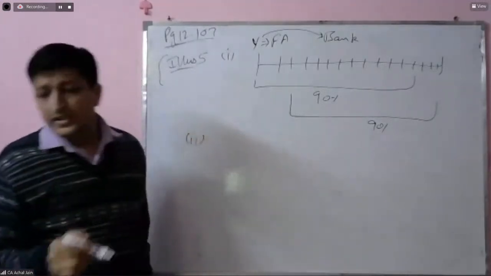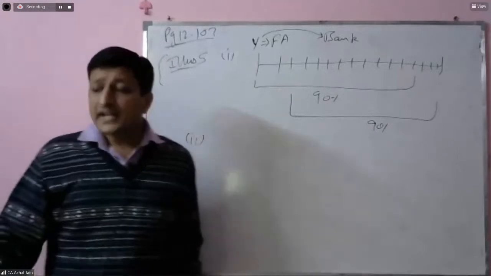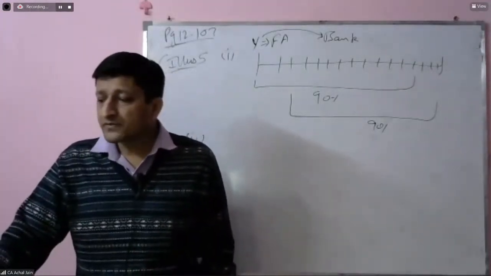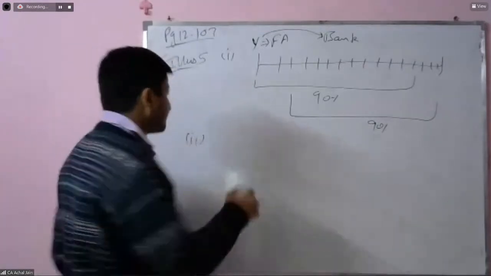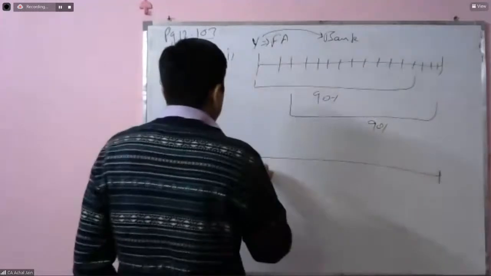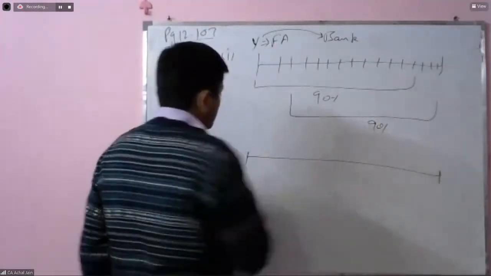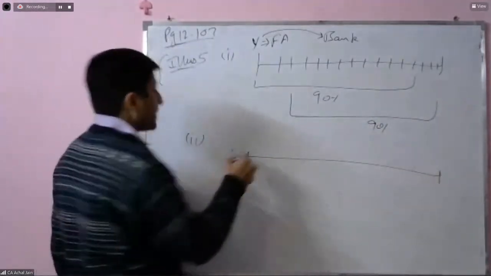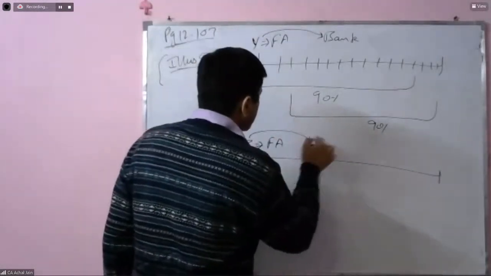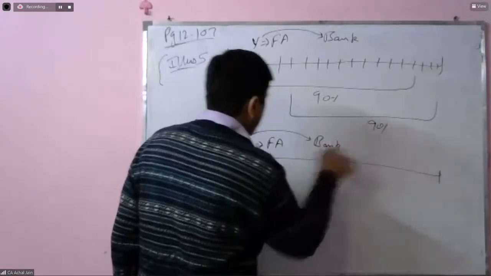What should we do in this case? Entity Z transfers the rights to 90% of the cash flows from the group of receivables. Once again, we have a similar sort of situation, and these assets are held by Z. Z is also selling this to a bank.